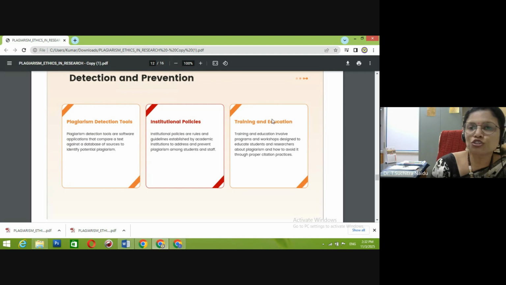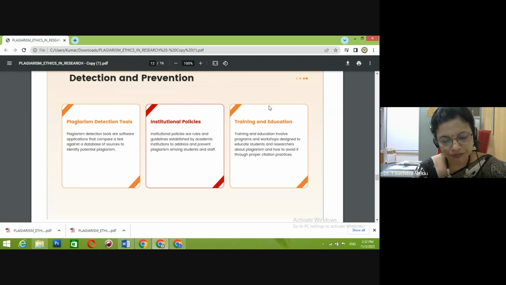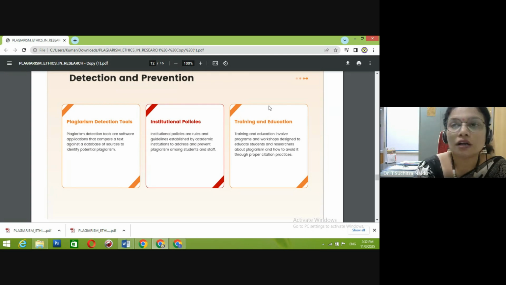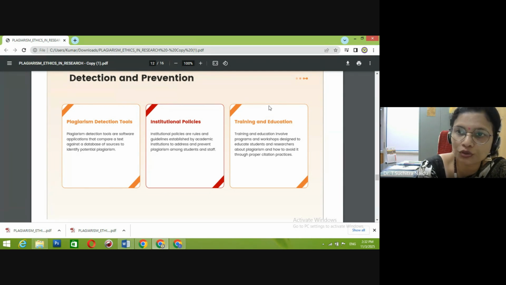Then every institution will have policies. We all have a research policy wherein what is ethical and what is not ethical, and to what extent plagiarism is allowed, is defined. For the final year research projects, when the projects are done, we compile them and bring out an ISBN book.